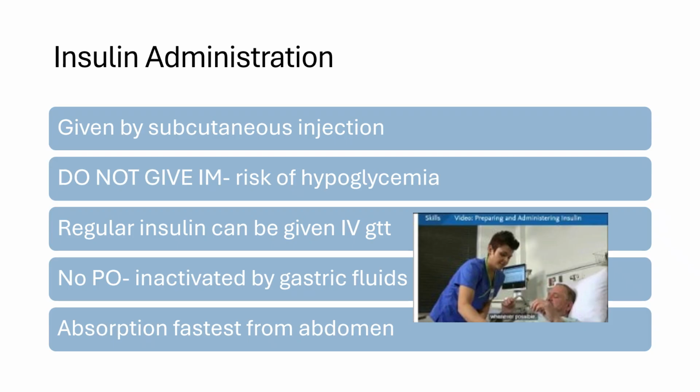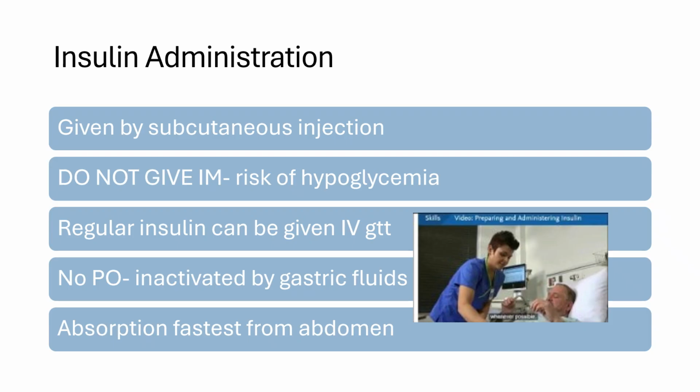We would not give IM because of the increased risk for hypoglycemia. However, we can give regular insulin by IV, and we do it by drops. At one point in time, I worked in a pre open heart surgical unit. And so, patients, before they're going into surgery, they typically go on an IV drip, and then we have to monitor it.